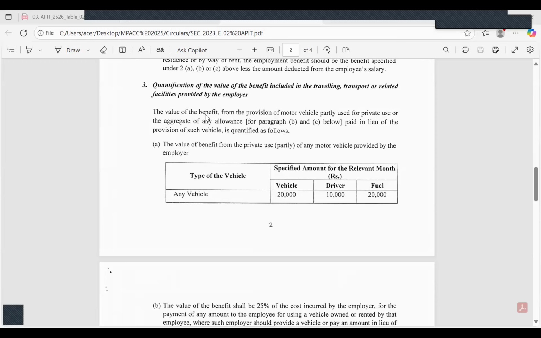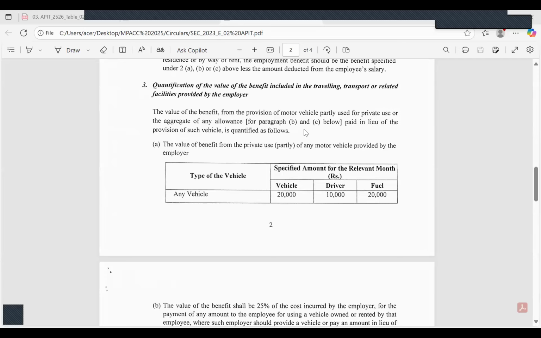The value of the benefit from the provision of a motor vehicle, partly used for private use, or the aggregate of any allowance paid in lieu of the provision of such vehicle, is quantified as follows. That means a vehicle is given to an employee partly for private use. So now we are going to ascertain the vehicle benefit.